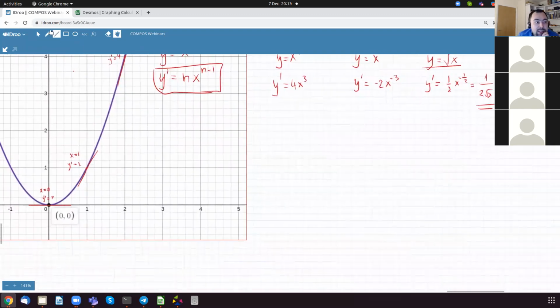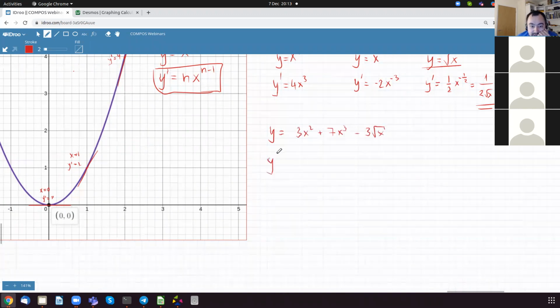Okay. And there's a simple rule that if you have a linear combination, don't let the word linear combination scare you. So let's say 3x squared plus 7x cubed minus 3 square root of x.